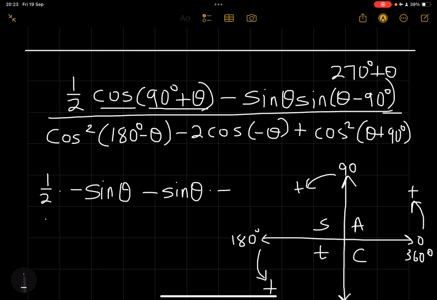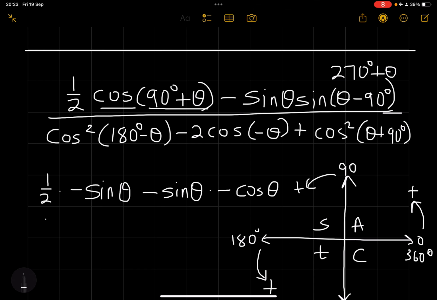But because we started on the y-axis, the sine will now become cos of theta. Remember, if you're working with 90 or 270, you are always going to switch because those are on the y-axis. If you're working with 180, 360 and 0, you do not switch.